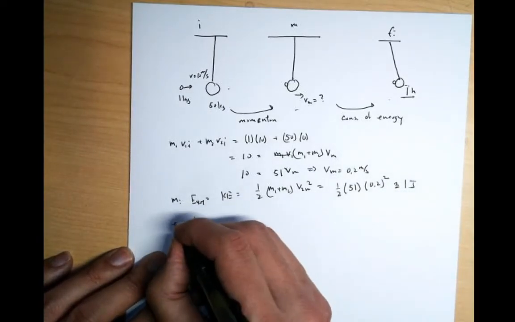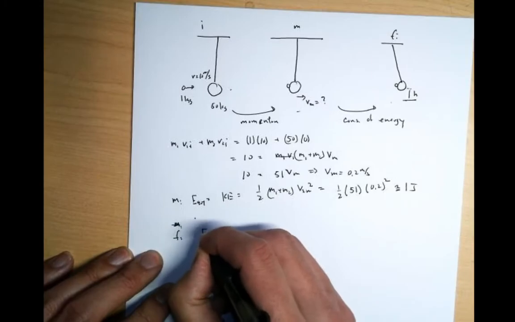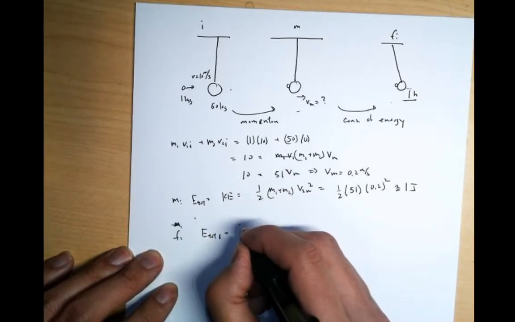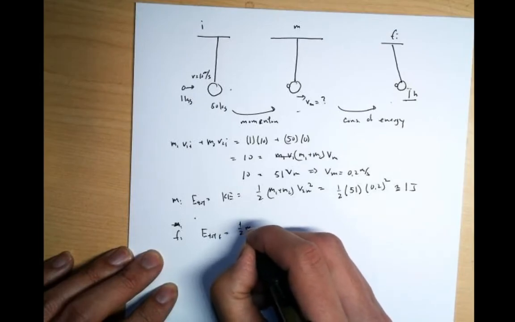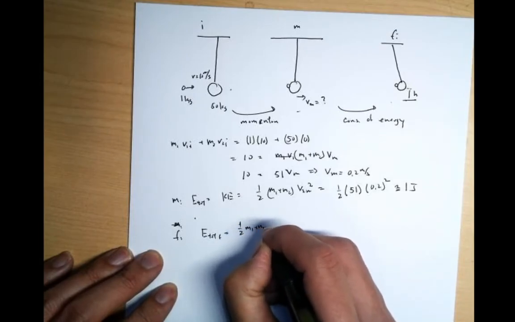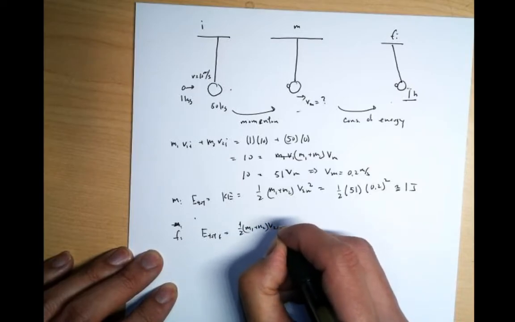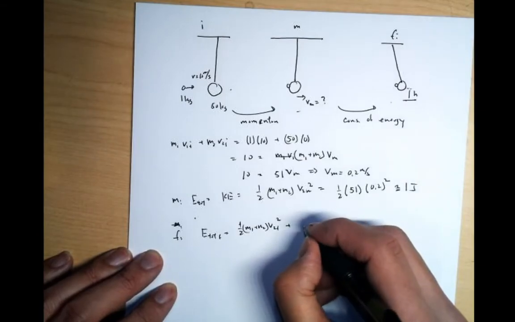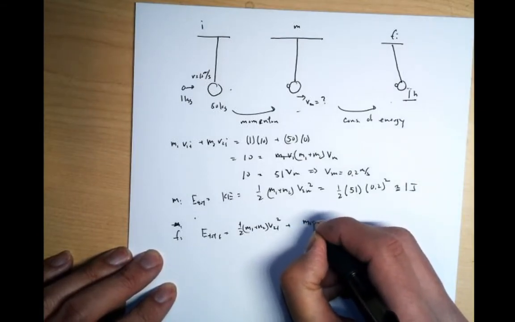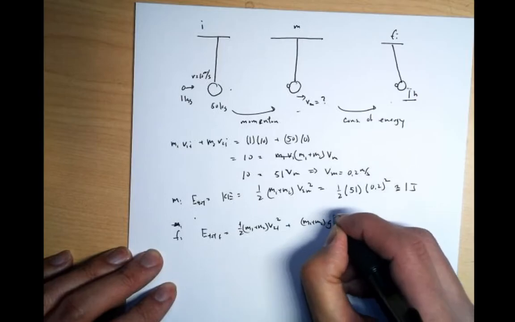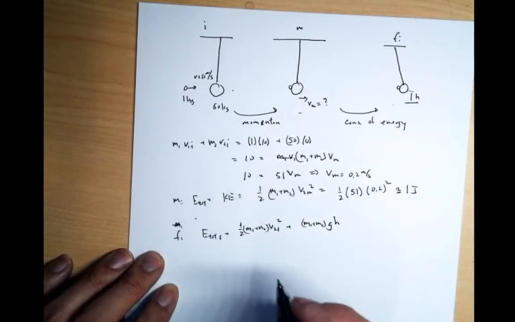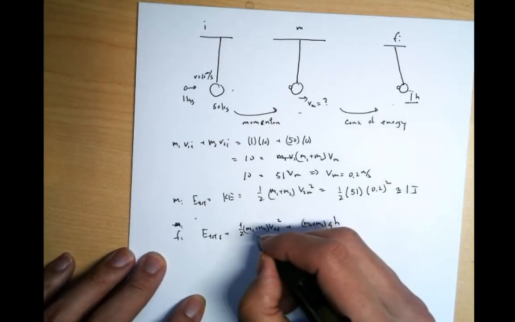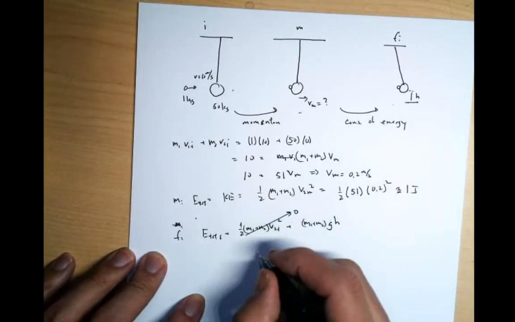So now the final state, the total energy of the final state is basically 1/2 (m1 plus m2) v2 final squared plus the gravitational term, which is (m1 plus m2) g times h, right? So we know that this reaches a maximum height when v2f is 0. So in fact, this term is 0 here, okay?